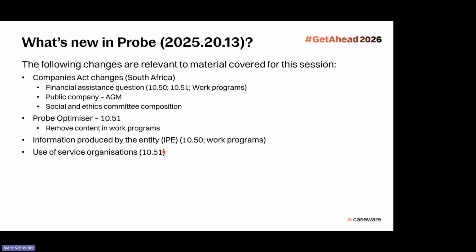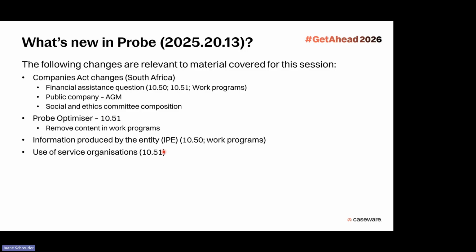Now, what's changed in the template or in the methodology is that we now also give you the option to say, yes, the client uses the service organization for elements that aren't linked to a line item in the financial statement. So you could previously say, yes, the client uses a service organization for operating expenses, which is, of course, including your employee costs. But what's been added now is that you can do the same for disclosures.